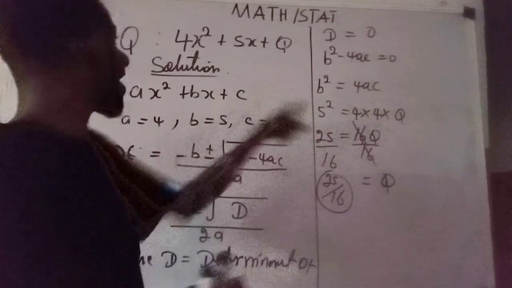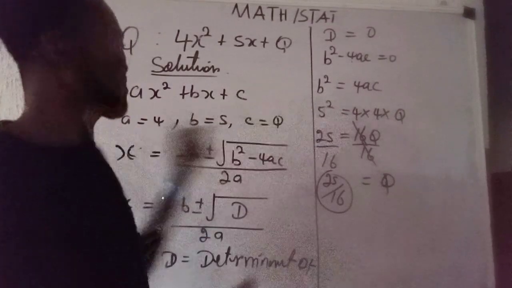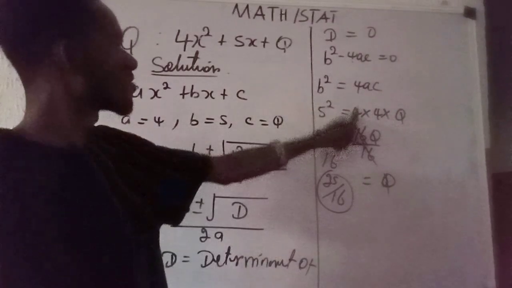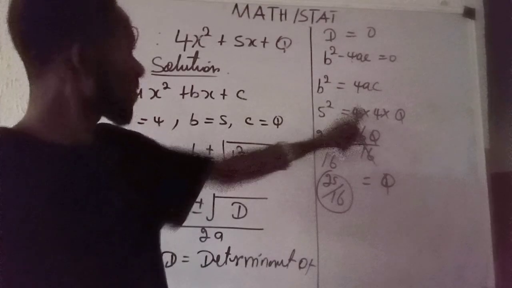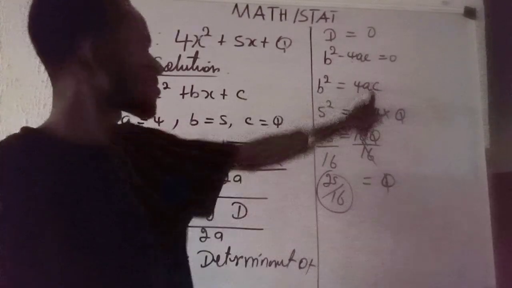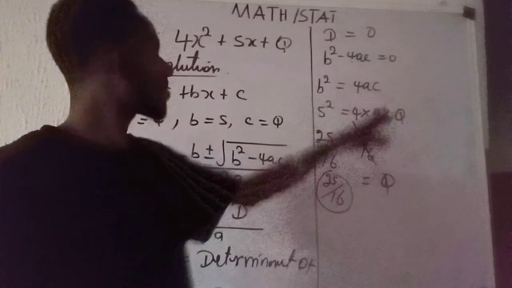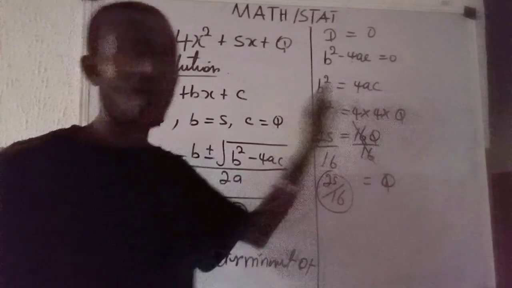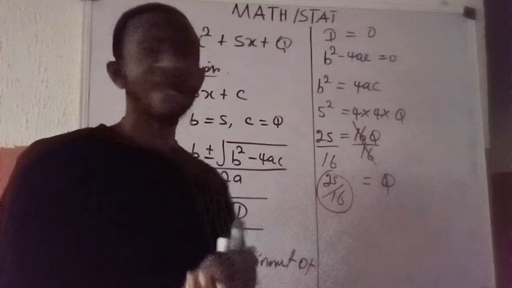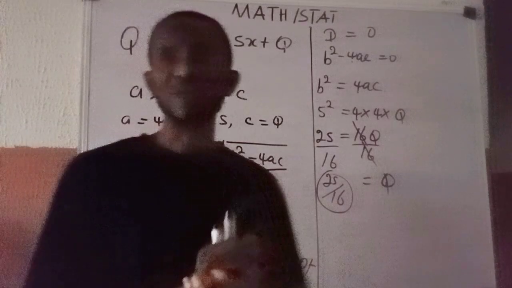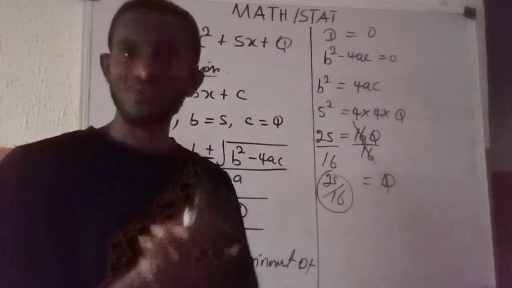My b is 5, I put 5 here and square it, equals 4, because my a is 4, multiplied by my c, which is Q. Then we multiply out and arrive at this. So this is the value of D that makes that expression a complete square.